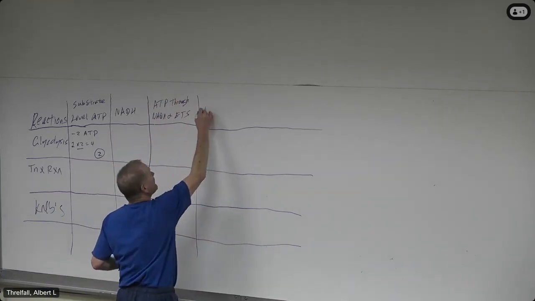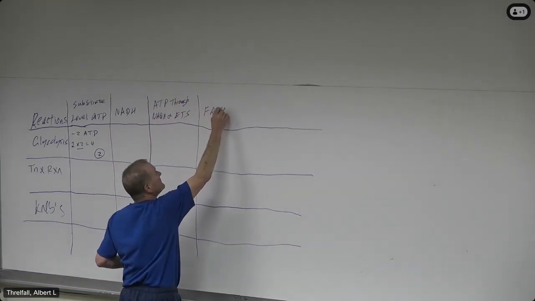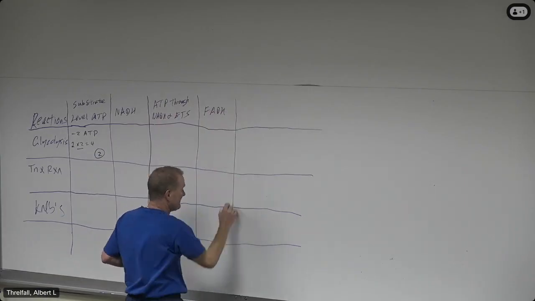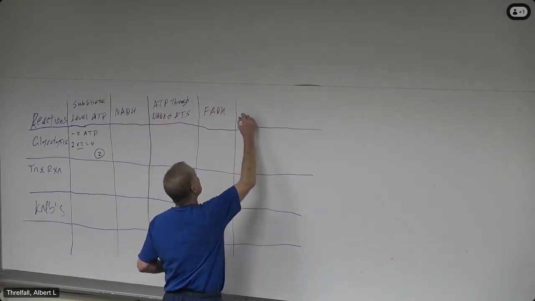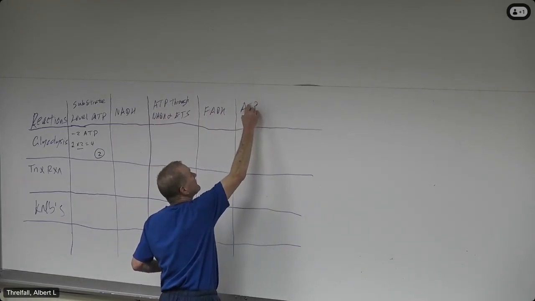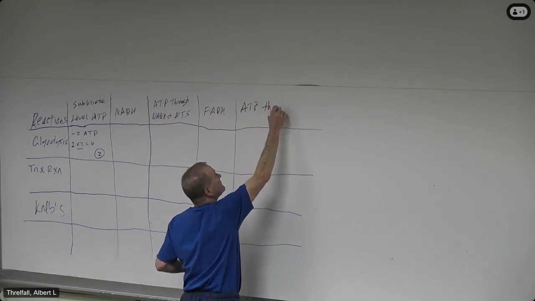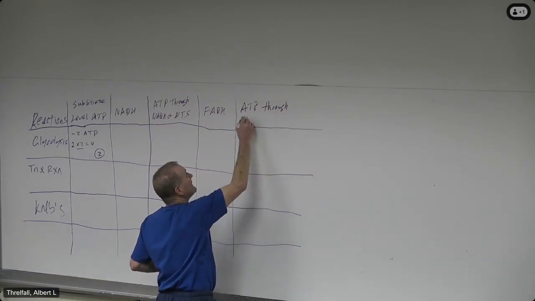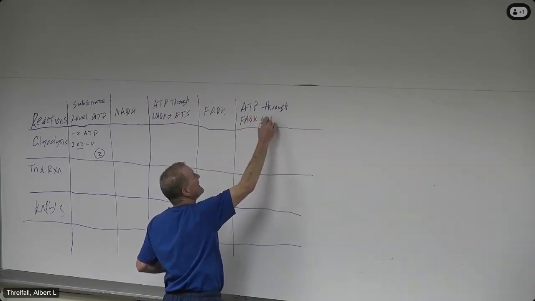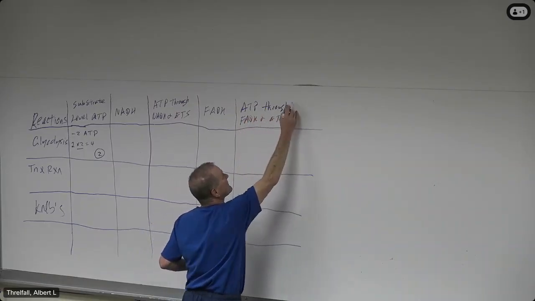And then we have FADH, which is not ATP. So we need ATP through FADH and the electron transport system.